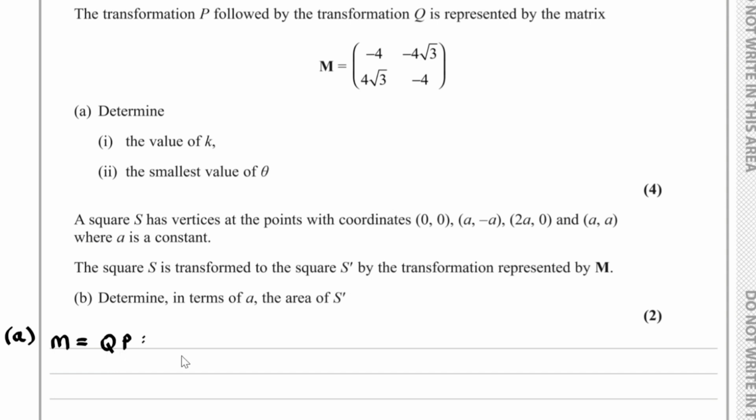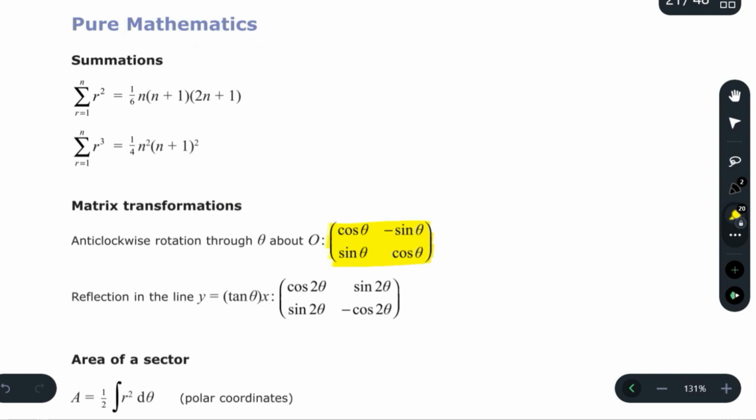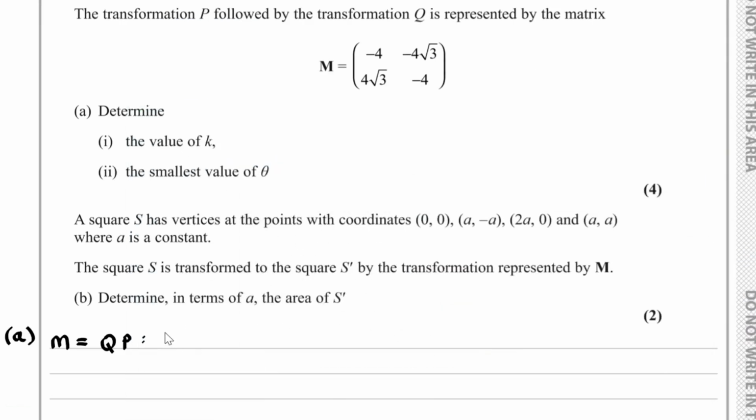The matrix Q, that's this here, we have Q equaling cos theta, minus sine theta, sine theta, and cos theta.